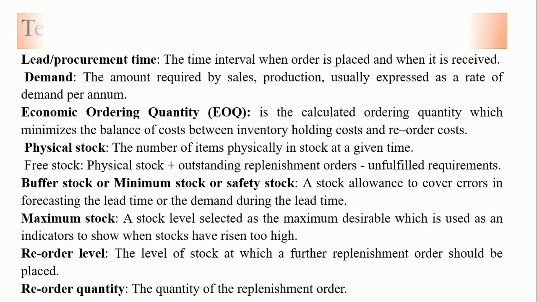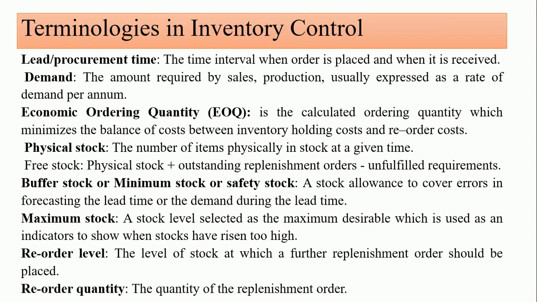We have several terminologies in inventory control. In this video, we explain some of these terminologies. 1. We have the procurement time or lead time, which simply means the time interval between when you place an order and when your order is received.